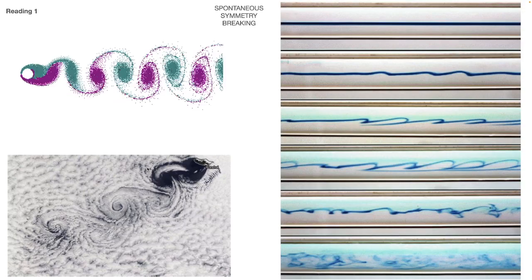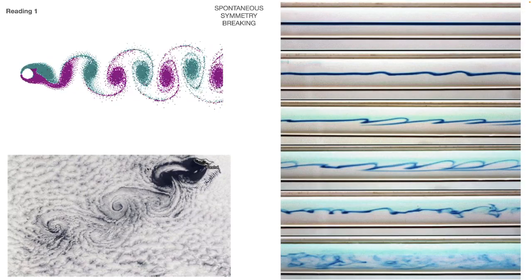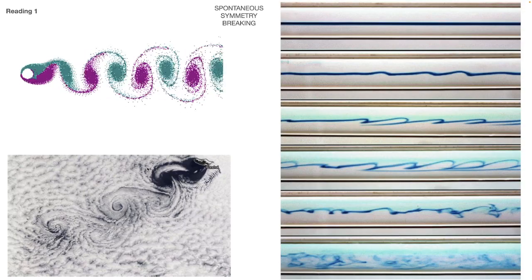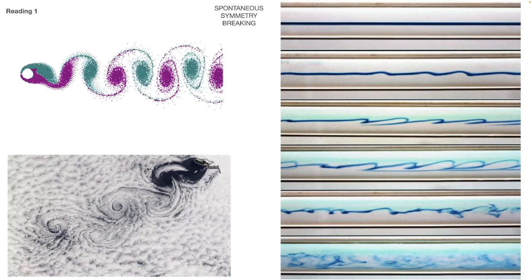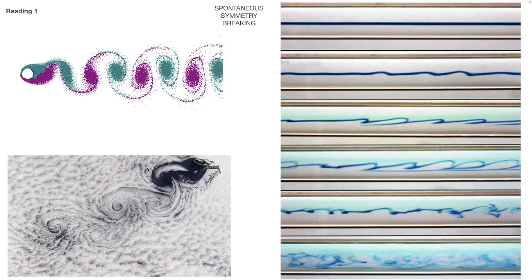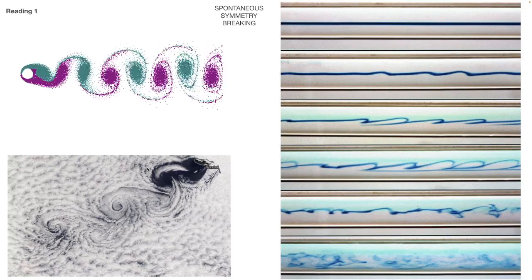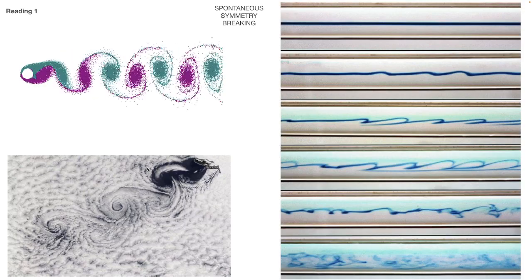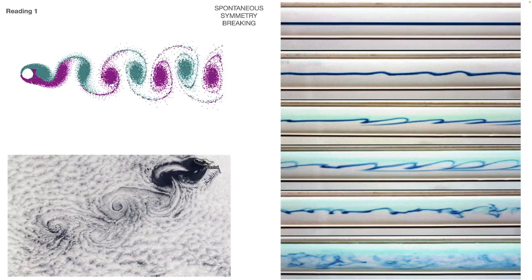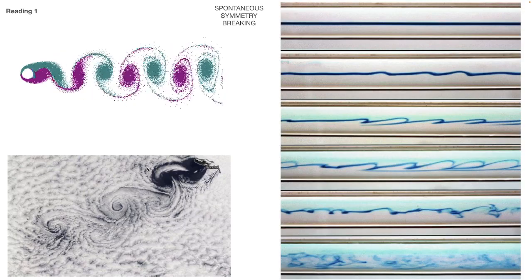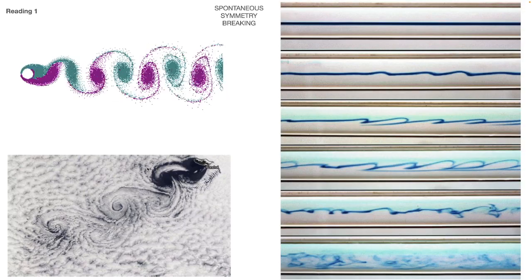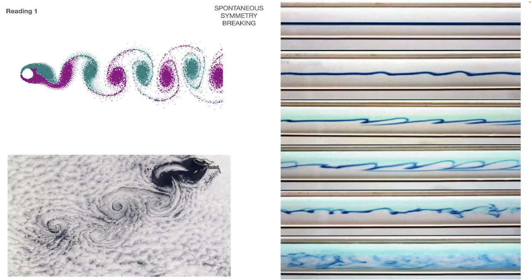But as you increase the velocity, then you start to get these wiggles. A little bit of velocity gives you a little wiggle. More velocity gives you more wiggles. And as you increase the velocity, you get more and more wiggles until you get to the bottom of the image, which is just turbulent craziness. So this doesn't have any structure to it anymore.